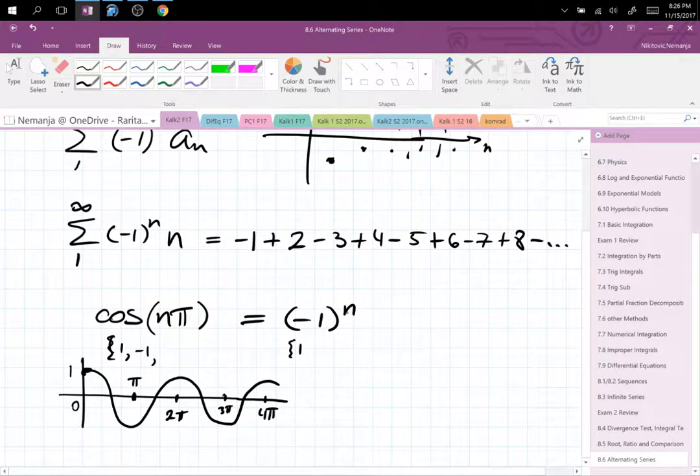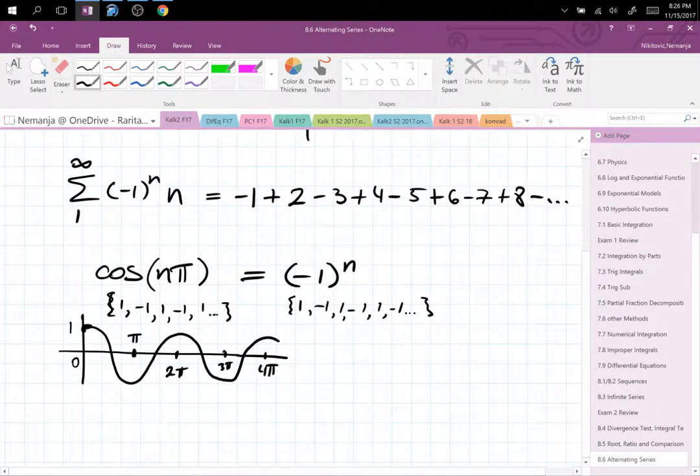And when n is equal to 1, -1 to the 1 is -1. So you see, they match perfectly. So you have to be careful. If you see cosine of n pi, it's an alternating series.